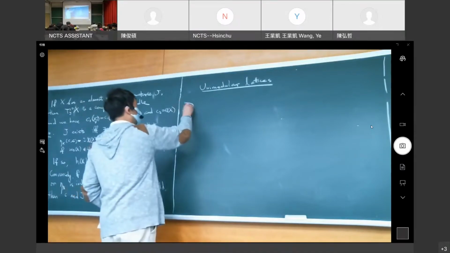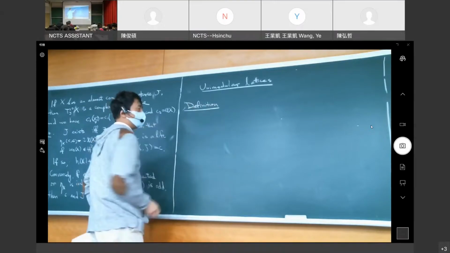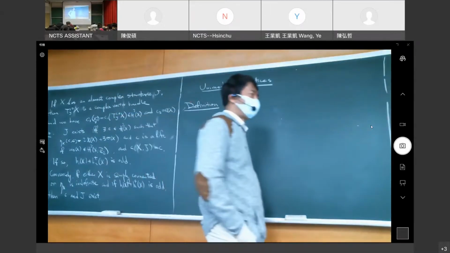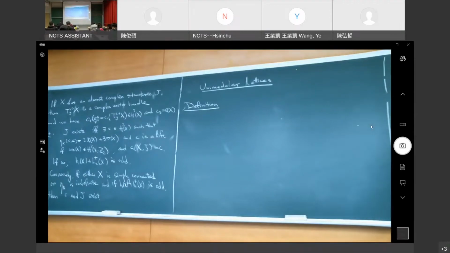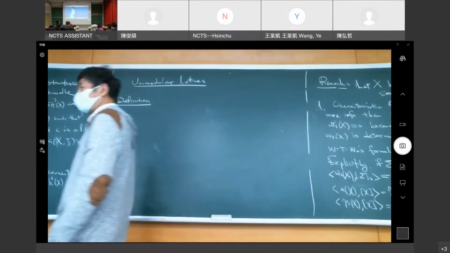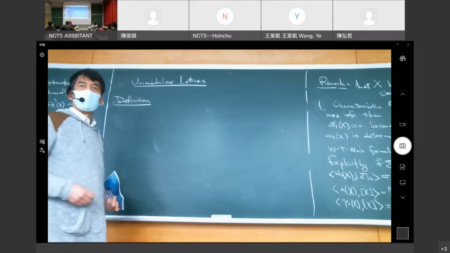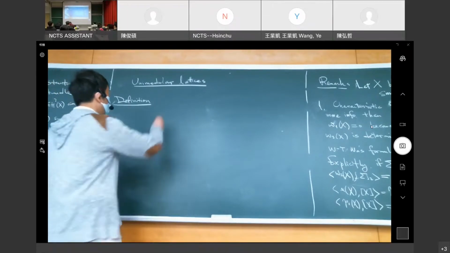Before I talk about further information on four manifolds, let us be clear ourselves what are the possible intersection forms of integer lattices. So there is a classification which will be useful in the study of four manifolds.